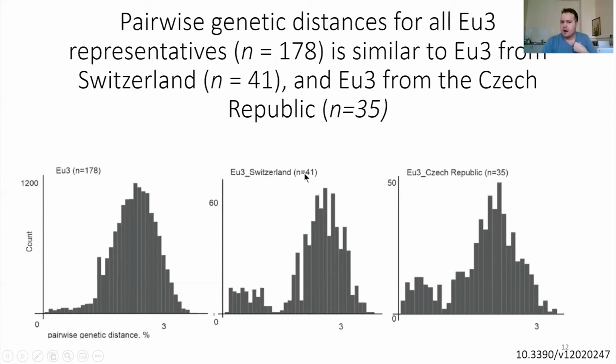In my data set, there were approximately 41 TBEV viruses isolated in Switzerland, and the distribution of these pairwise distances was the same as for the whole European subtype. The same was true for the Czech Republic, for example. And it seems to be a pattern for the spreading of this virus and not something strange and anecdotal.